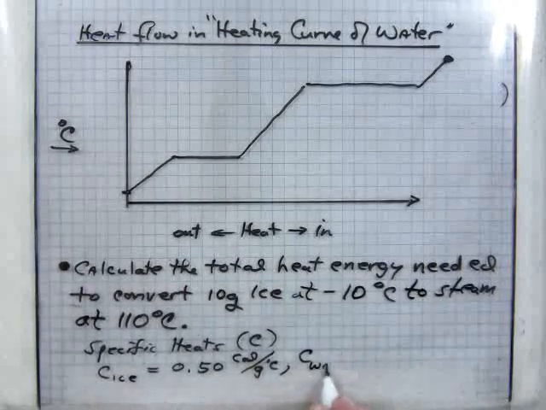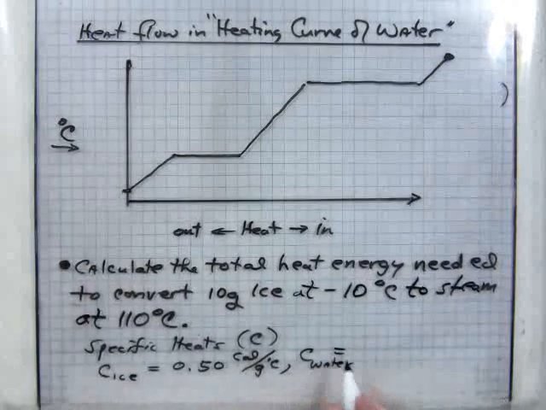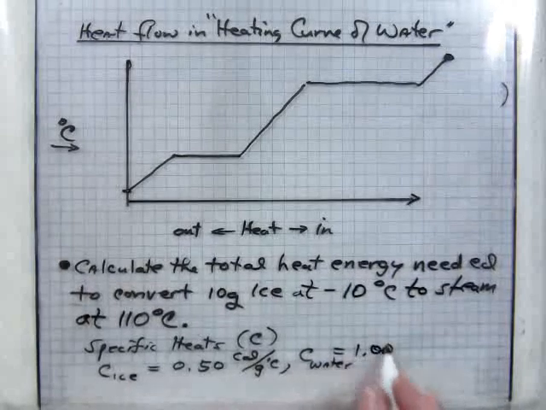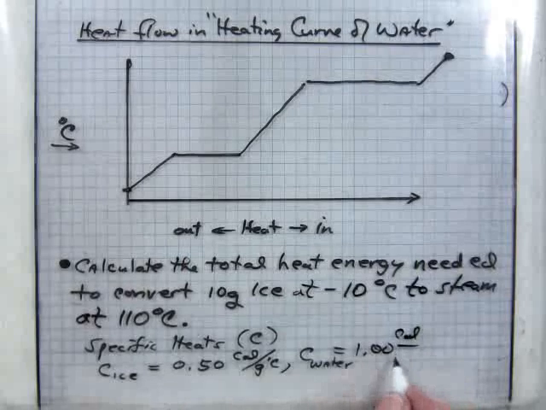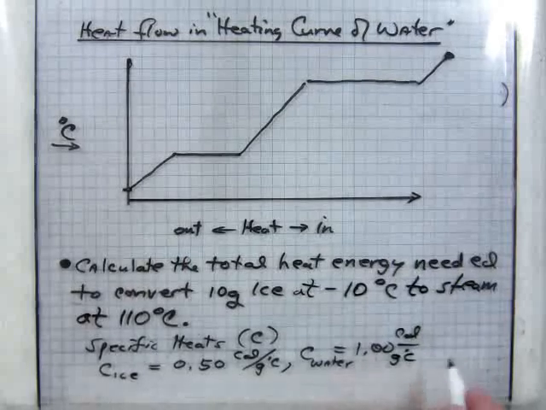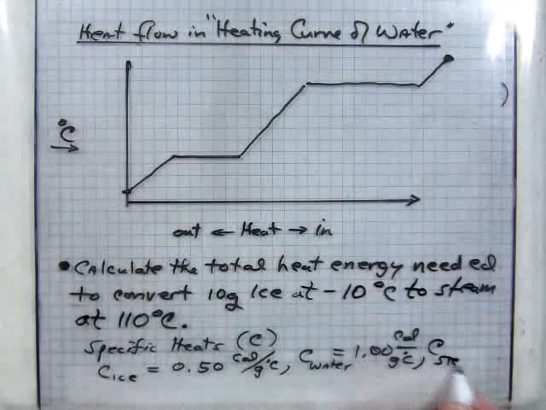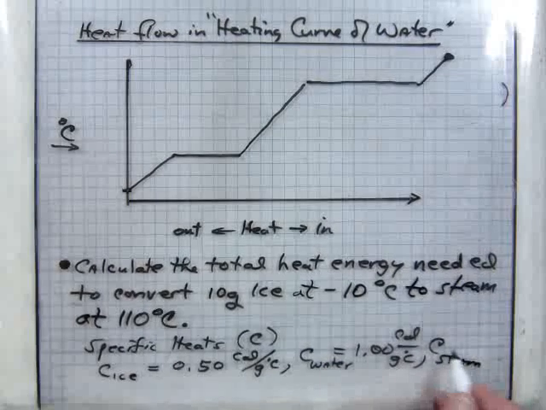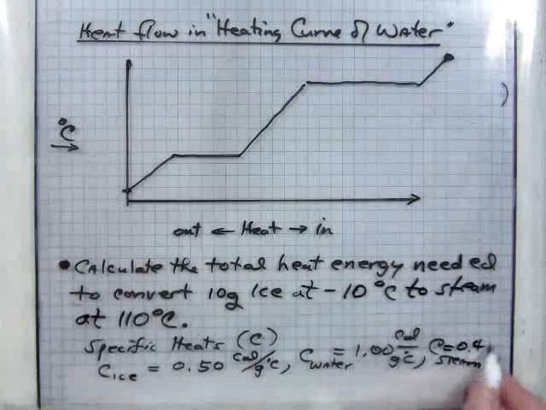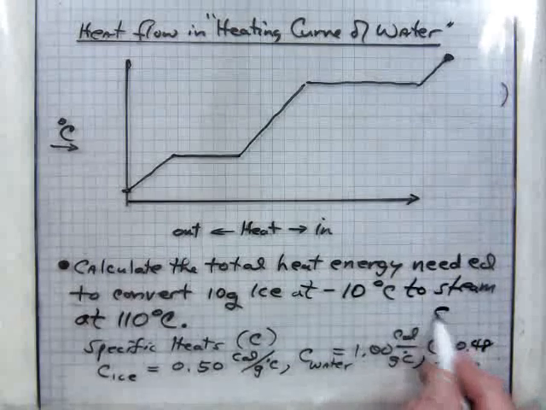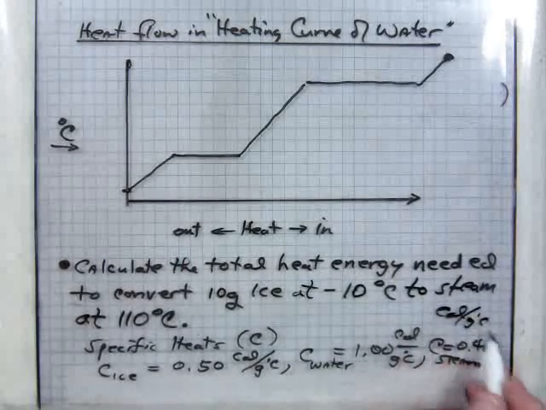Water is 1.00 calorie per gram degree C, and steam is 0.48 calorie per gram degree C.